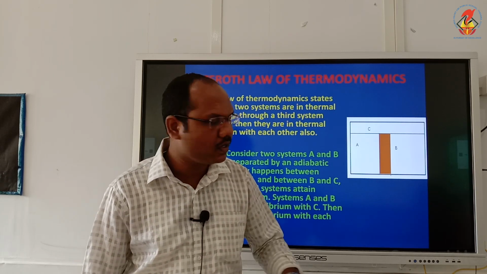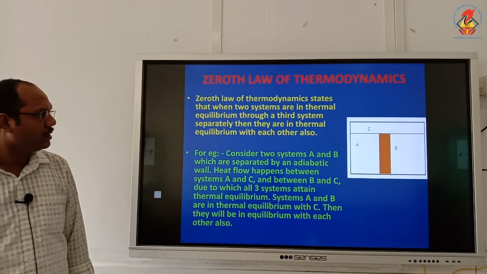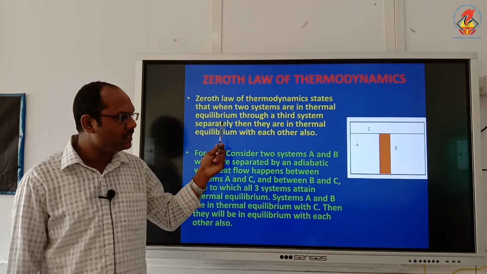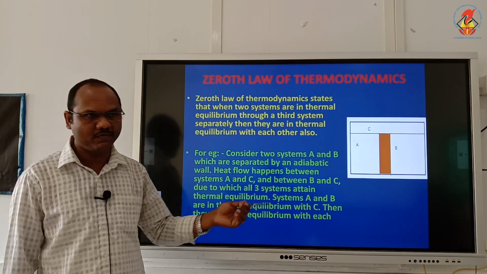So I say once more, if A and C are in thermal equilibrium and B and C are in separate thermal equilibrium, then A and B will also be in thermal equilibrium with each other. That is the zeroth law. So you can write the statement, draw that figure and write an example with the system.